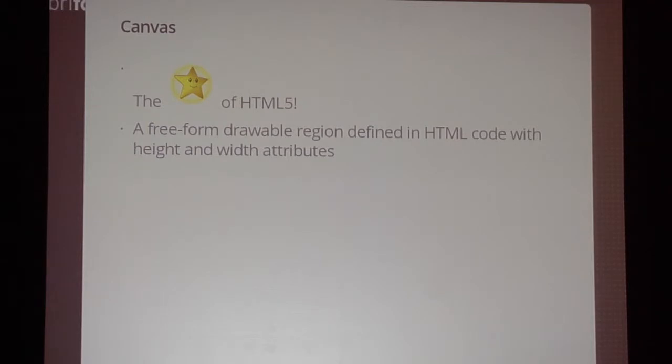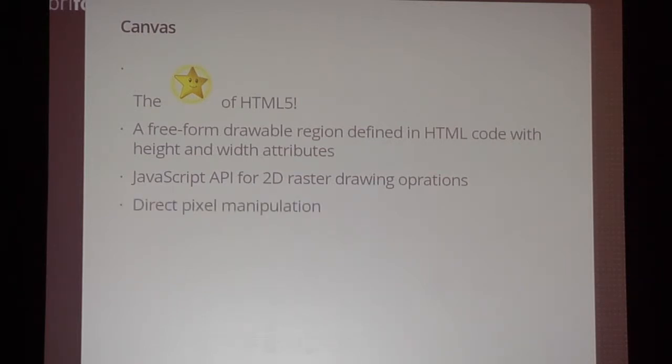Basically, there's a JavaScript API which you can use to perform, for example, 2D raster drawing operations. For example, you can draw squares, lines, split images, use all sorts of composition operations. You also have direct pixel manipulation, so if all these operations are not enough, you can directly access the pixels and just change the pixels.